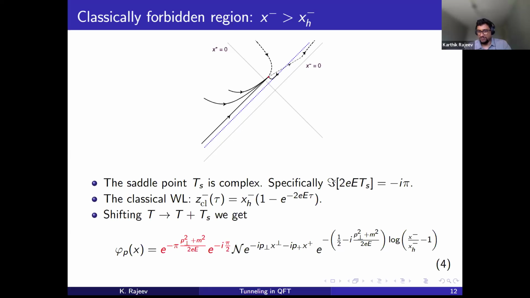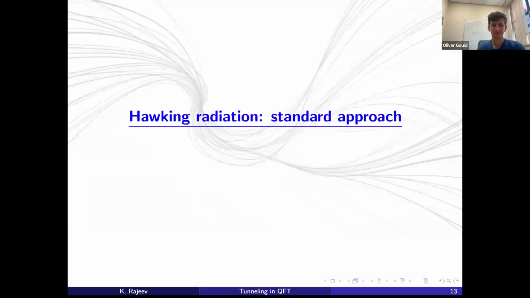But you could have said, okay, this is just the path integral expression which allows for space-like worldlines, and that is equally good to describe tunneling. Anyway, thanks.